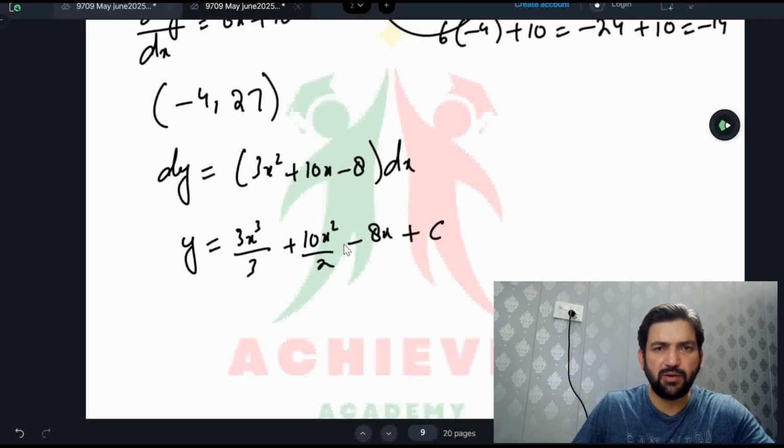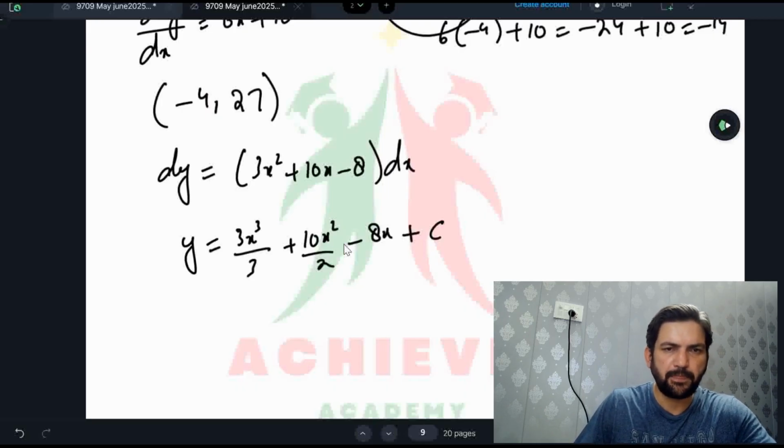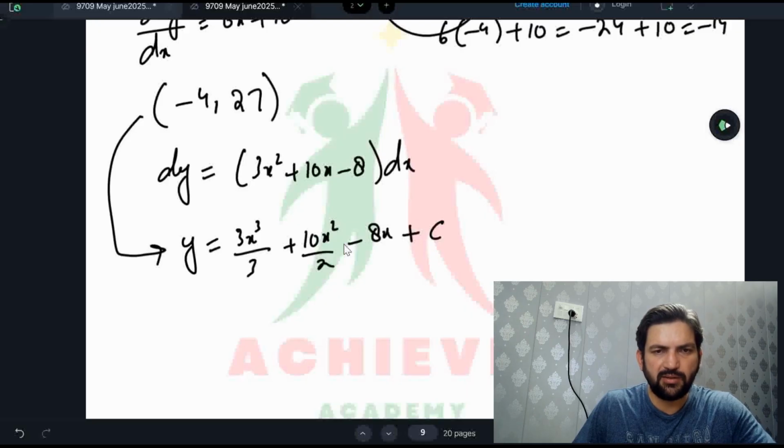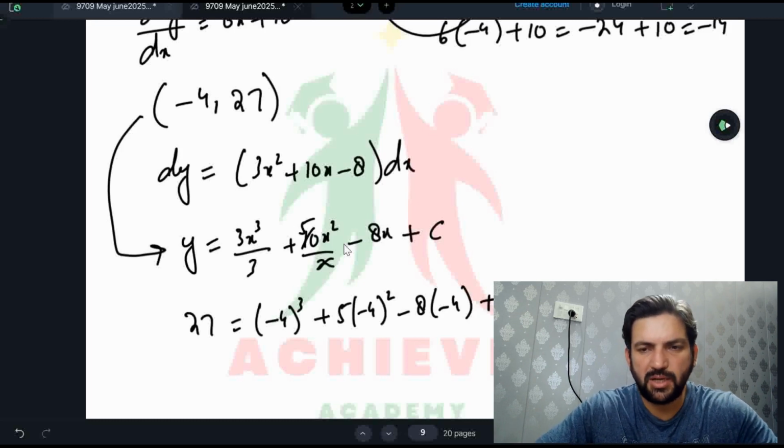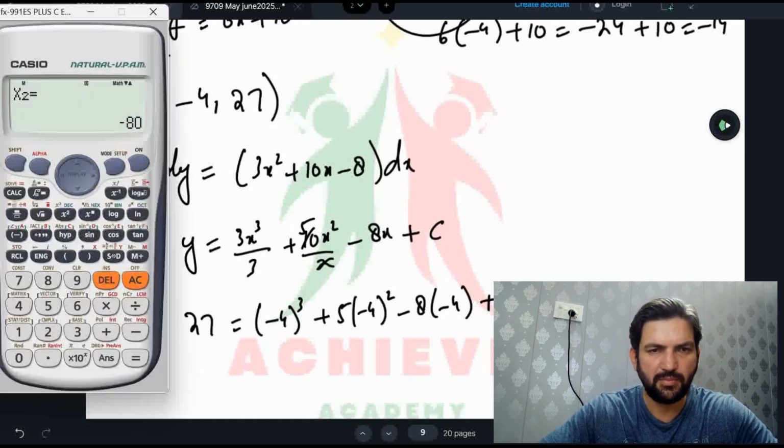Now how to find the value of c? For c, we just have to put the values in. So 27 equals x³, that is (-4)³, plus 5x², because 2 fives are 10, 5x², minus 8 into (-4), plus c. Now we can use the calculator, although we can simplify it without using the calculator also.